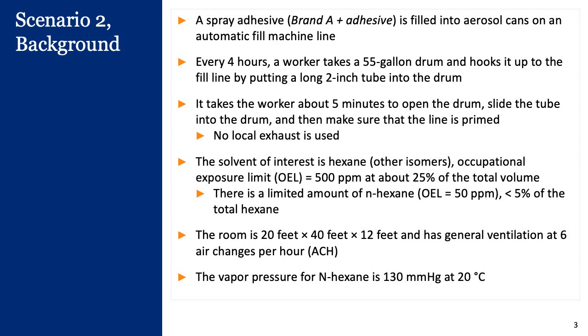The solvent of interest is hexane, with an occupational exposure limit of 500 parts per million, at about 25% of the total volume. There is a limited amount of N-hexane, which is much more toxic, with an occupational exposure limit of 50 parts per million, and it's about 5% or less of the total hexane.